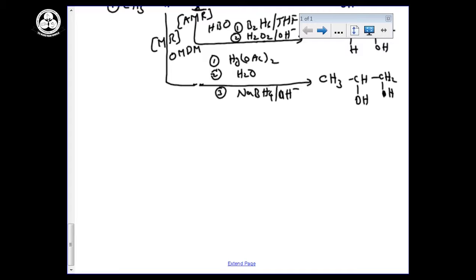Next, one more example we will see for the hydration of alkenes. Another best example is CH3 here CH=CH2.